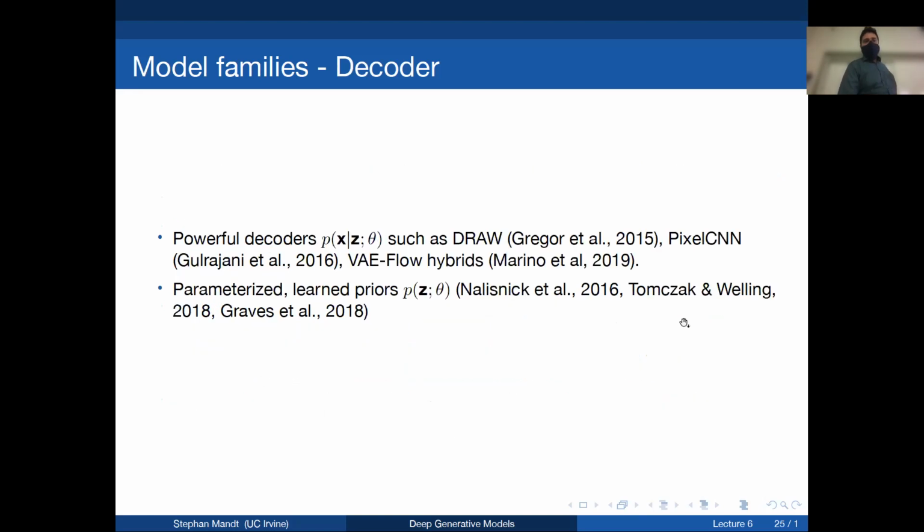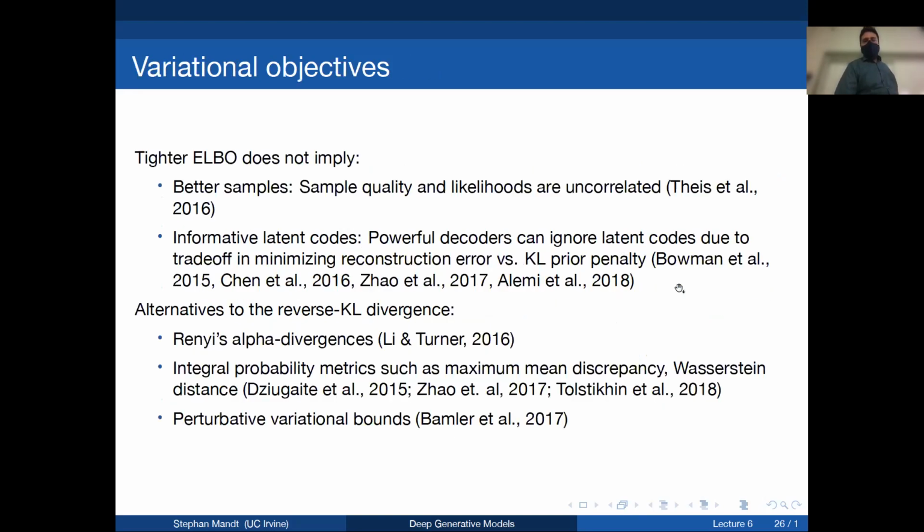And you can also think about theoretical properties of these evidence lower bounds. For example, it turns out that tighter ELBOs do not necessarily yield better samples. So there are some interesting theoretical works on that. They're also not always leading to informative codes.